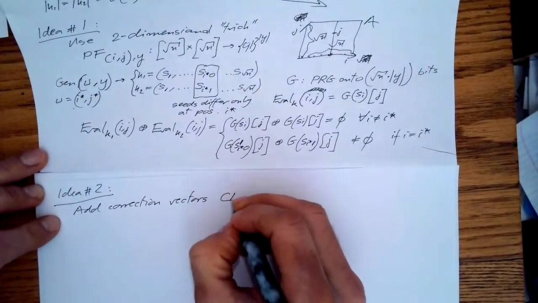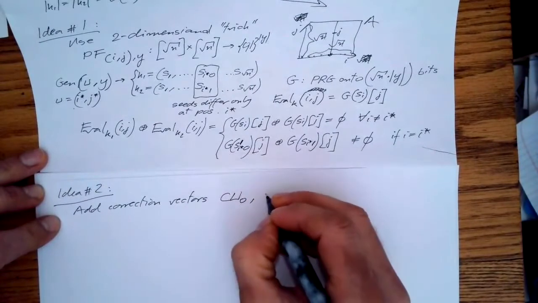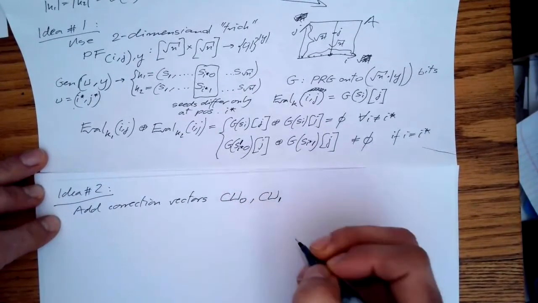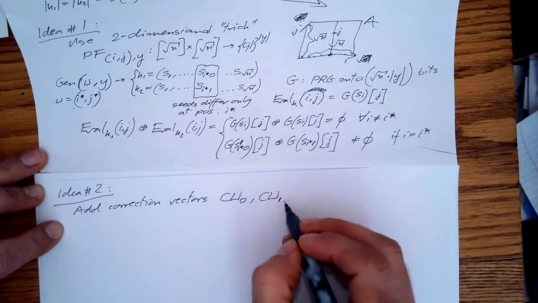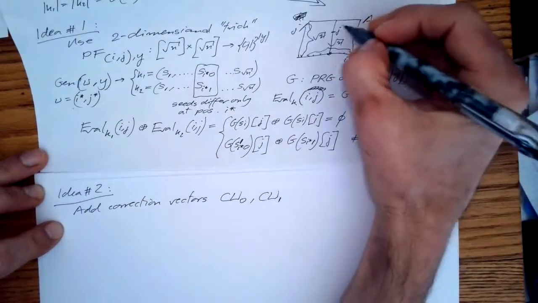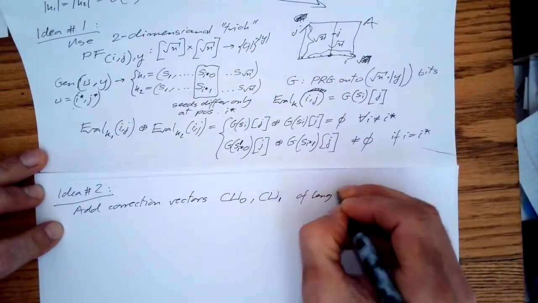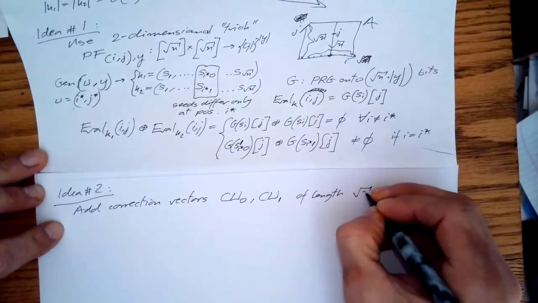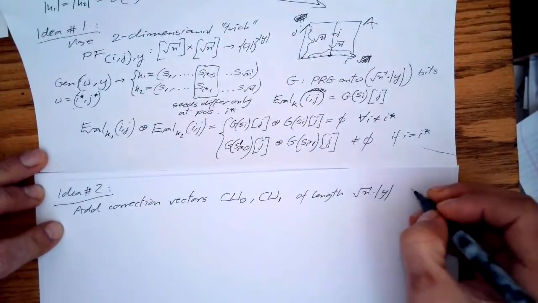I will call them correction words 0 and correction words 1. How long are these correction words? As long as the columns, of length square root n times y bits.